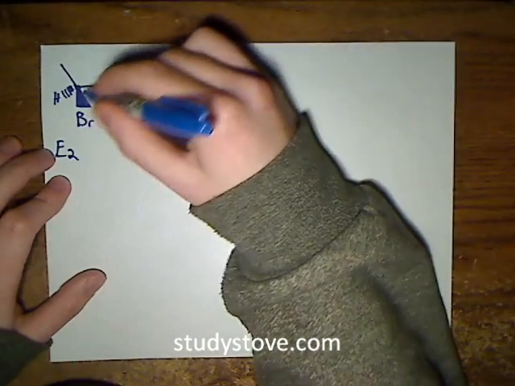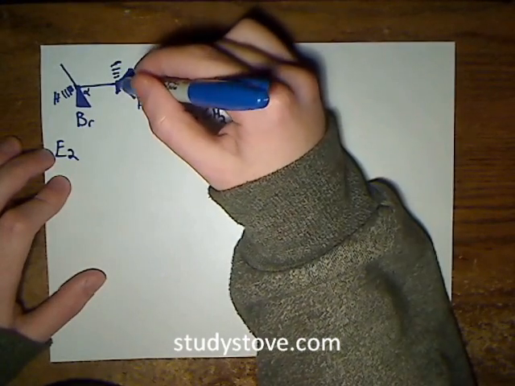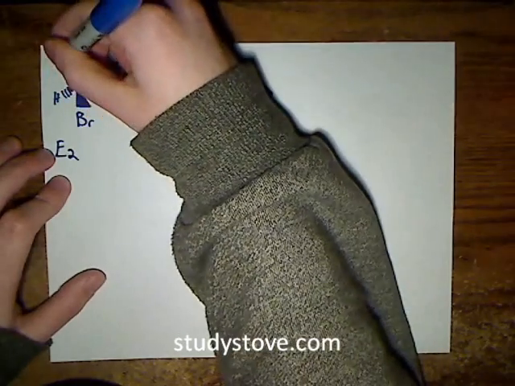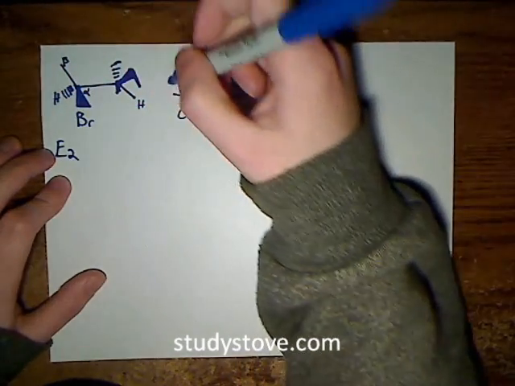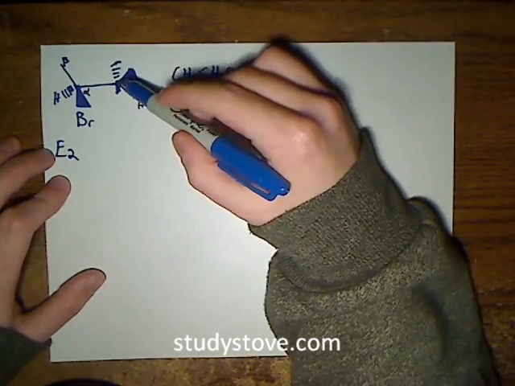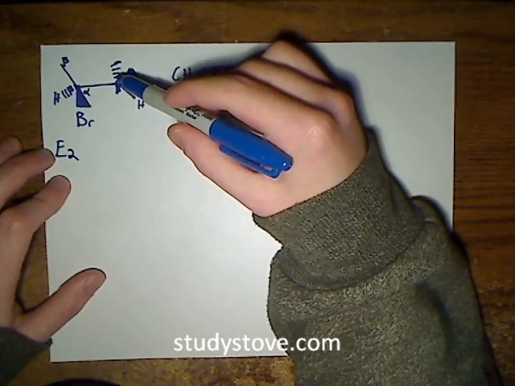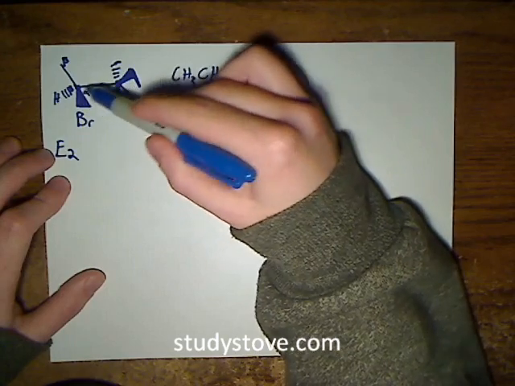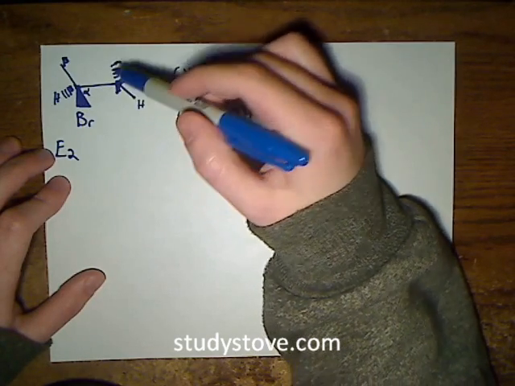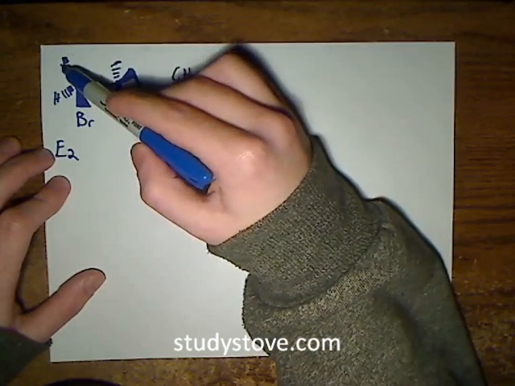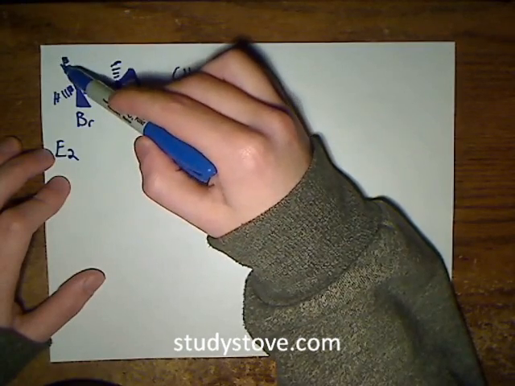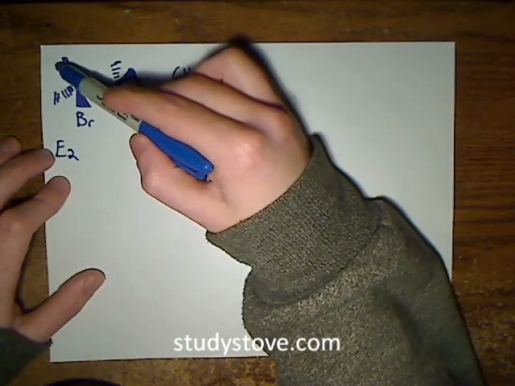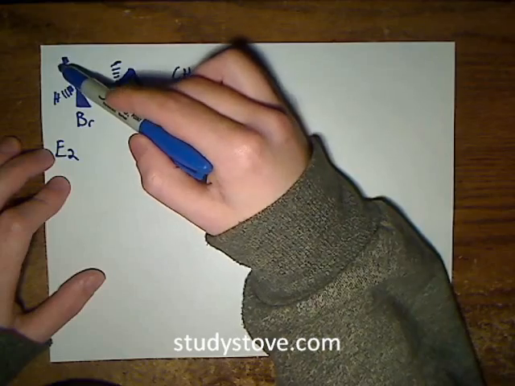But for this specific reaction, we should note that we have two different beta carbons. If the base takes this hydrogen right here, we'll end up with a double bond here, giving us an internal double bond. Whereas if we react with one of the hydrogens on this methyl group, we'll end up with a double bond here, giving us a terminal double bond.